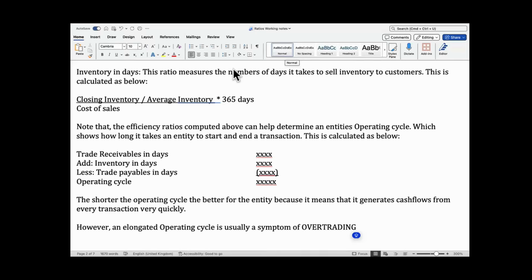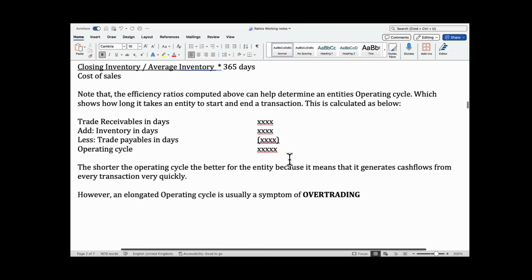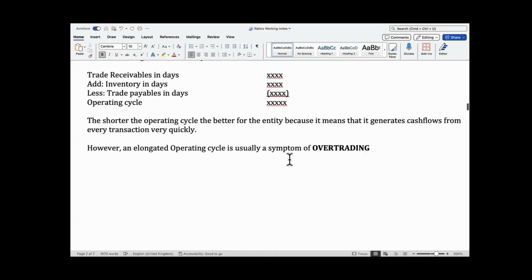That is exactly what we are going to imply, that you're overtrading when your operating cycle is elongated. So yeah, sometimes they don't give sales or cost of sales. Of course, they will give you that.